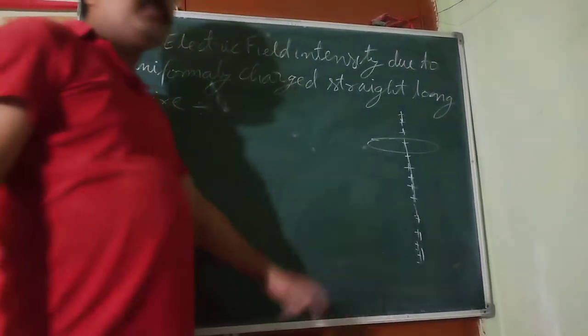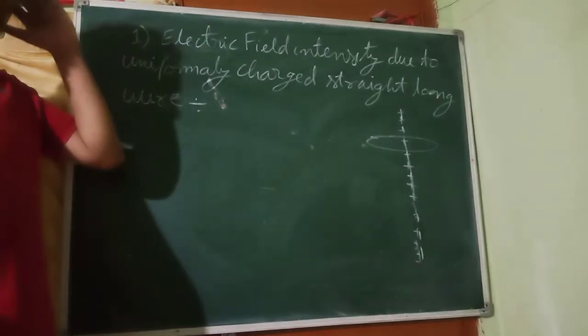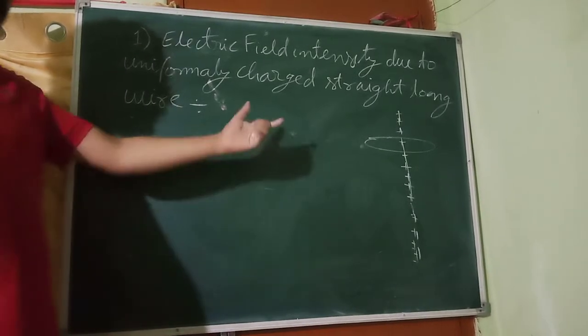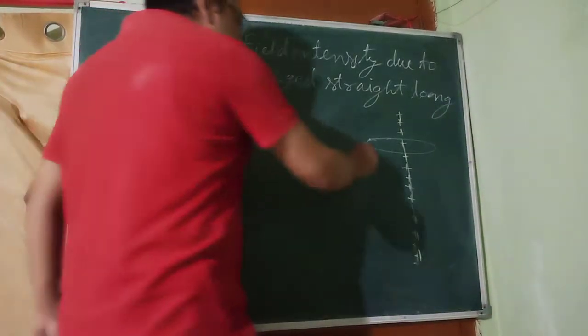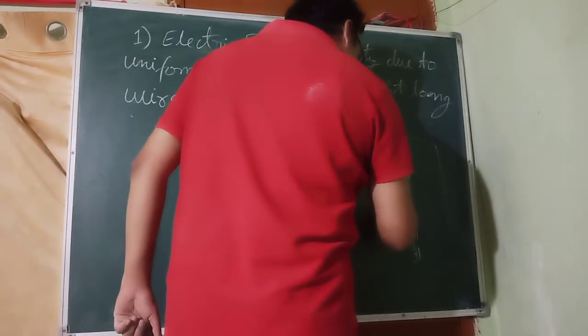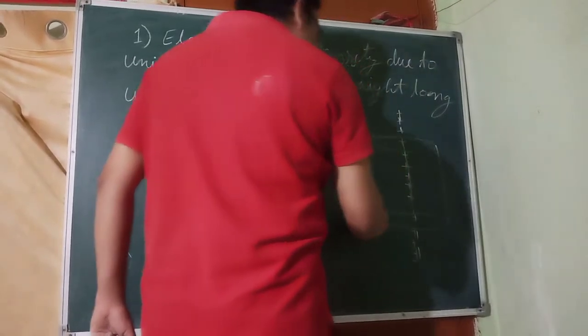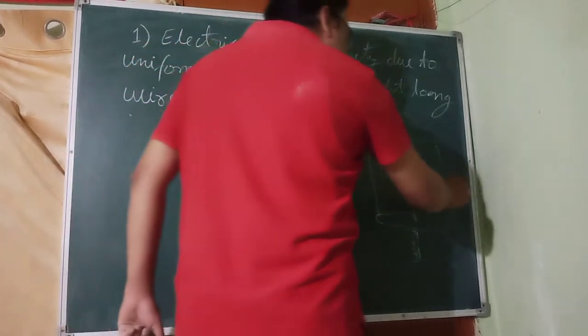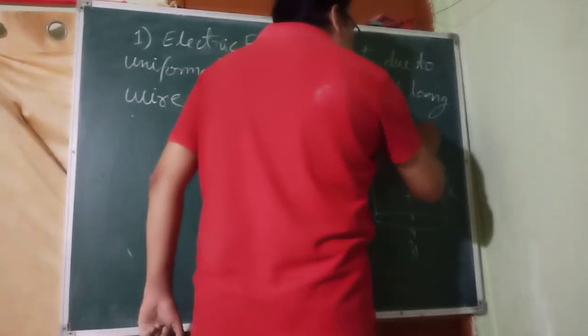Why? Because the Gaussian surface should be symmetrical to the charged body. So we draw a cylindrical surface, and suppose its length is L and the radius is R.